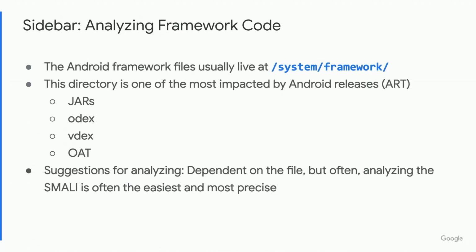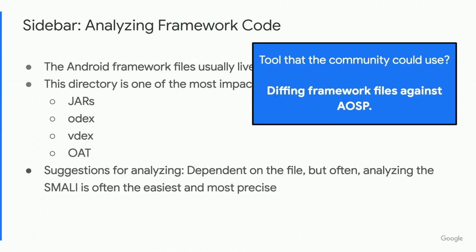So if you have DEX bytecode as the machine code, then Smali is the human readable version of DEX bytecode without being decompiled Java. People don't like it when I usually say this, but the best way I have always found to figure out which of the hundreds of framework files to begin reverse engineering is grep and string search. People usually want a more fancy answer, but in reality, that's what I found.